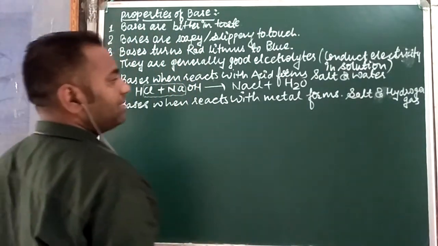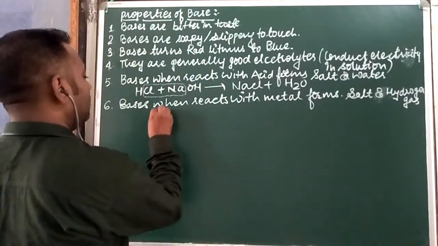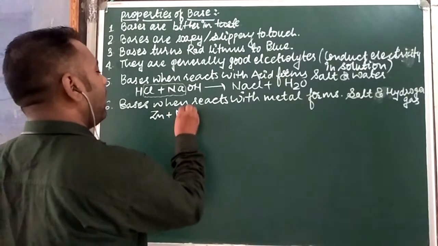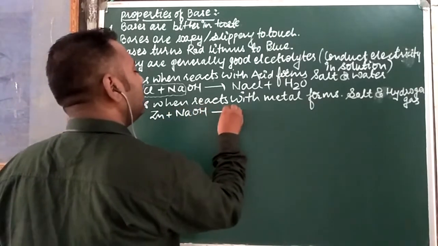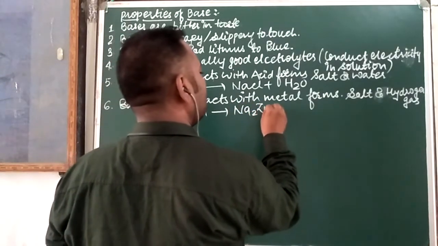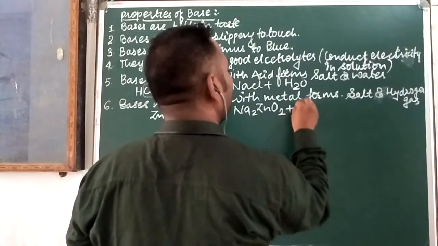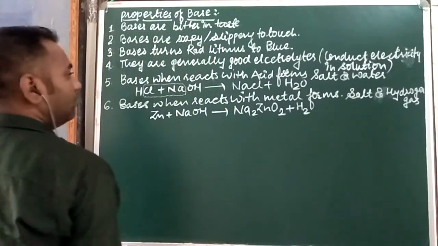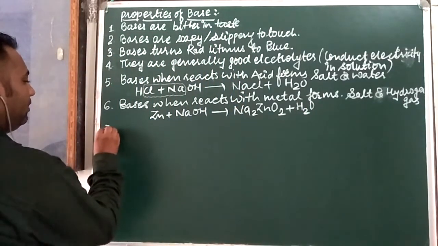It means Zn plus NaOH reacts to give Na2ZnO2 plus H2. And number seven.